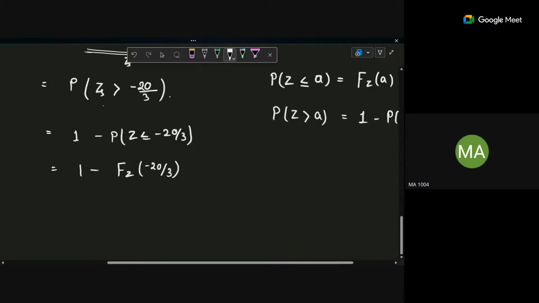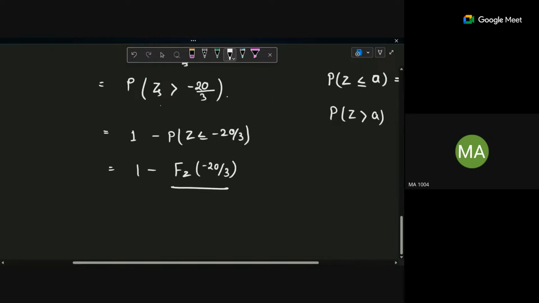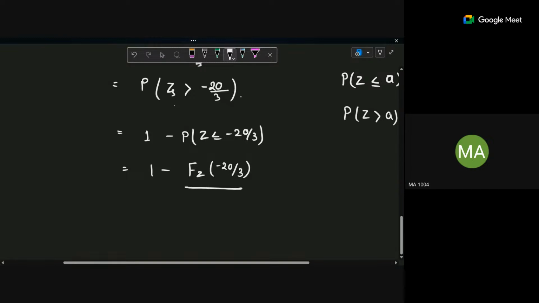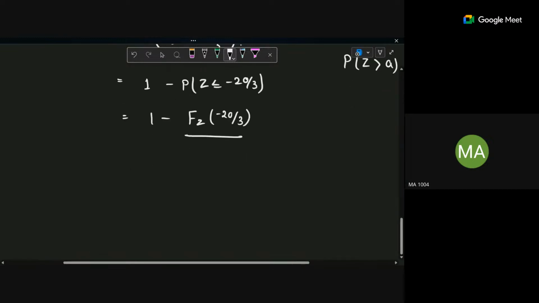In any examination like GATE, whatever exam you appear for, if this kind of situation happens, these values will be provided to you so that you can get the answer. But you should learn how to take the values from the normal table. That is a little bit tricky, but not that much. So that's what the probability that S100 is greater than 100 was.